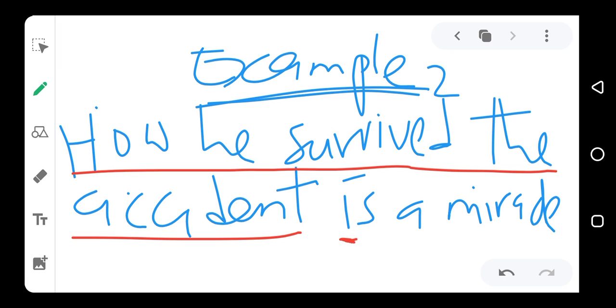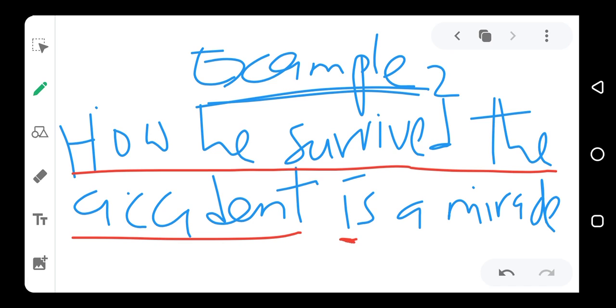Therefore, we are suspecting a noun clause because we have said that a noun clause is coming before a verb or immediately after a verb. Then another thing that we have to check is it has how. How usually introduces a noun clause. So it is another indication that we are dealing with a noun clause.